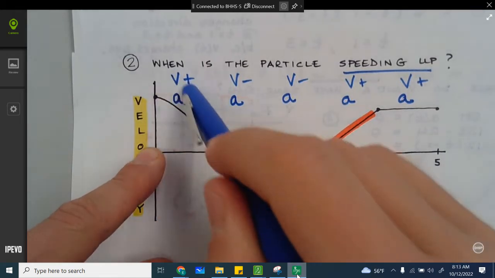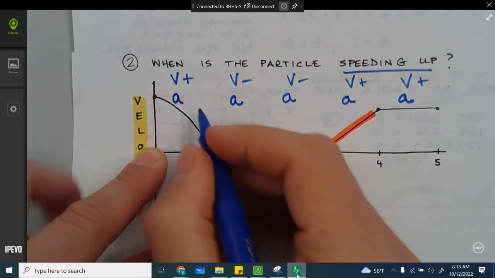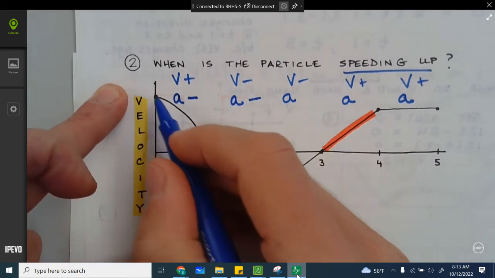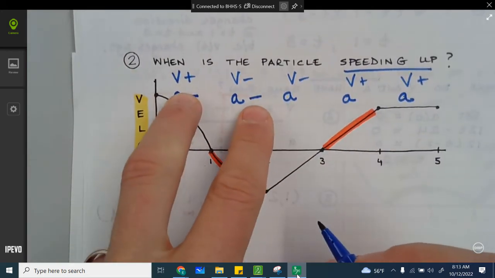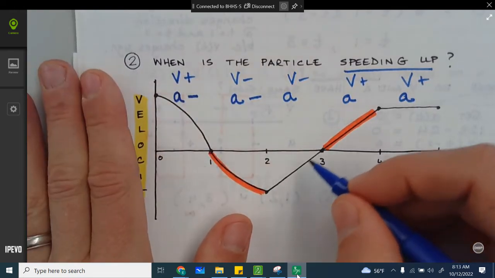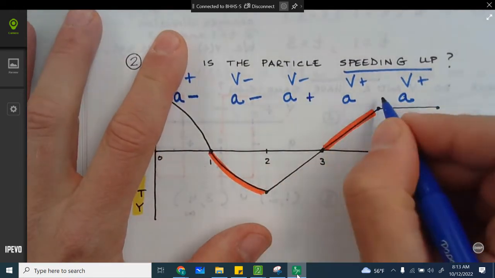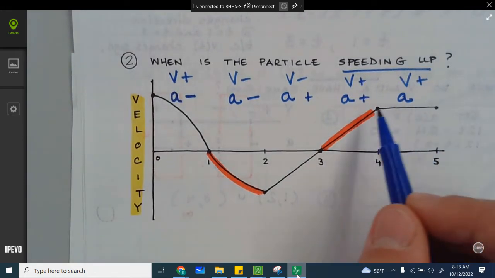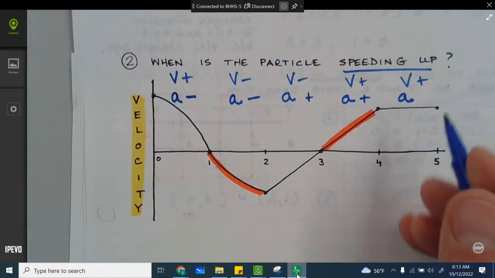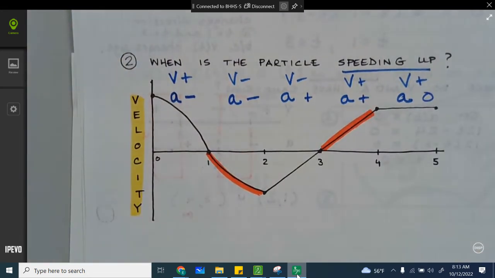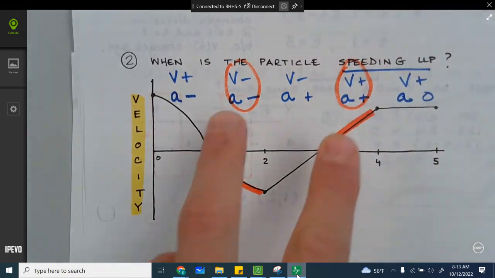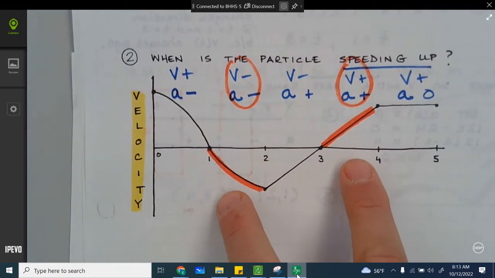Do you guys see that? Okay, that tells us that the acceleration is going to be negative here and here. So velocity decreasing gives us the negatives. And then here the velocity is increasing, so positive and positive. And then in the last interval, the velocity is not changing. What does that mean for the acceleration? Okay. So if you do it that way, you'll find that right here and right here, we have the same signs. Therefore, those are going to be our intervals.